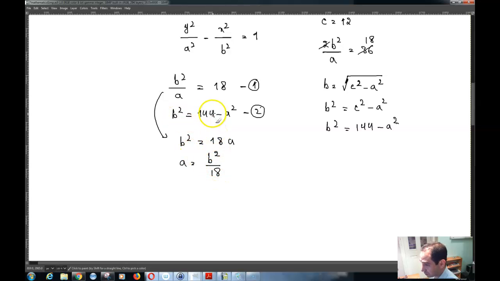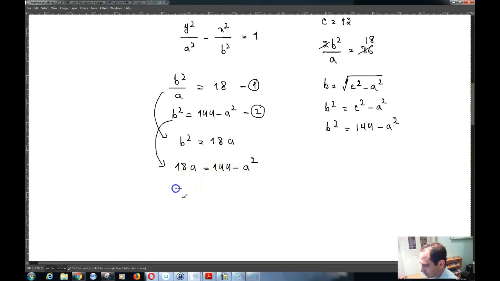If I put that over here, I would get a fourth degree equation, which would be a lot of trouble. So I'm just simply going to use this equation directly. Instead of b squared, I'm going to write 18a is equal to 144 minus a squared.